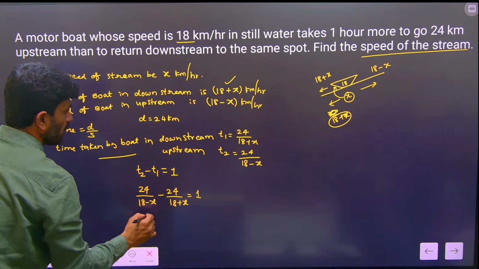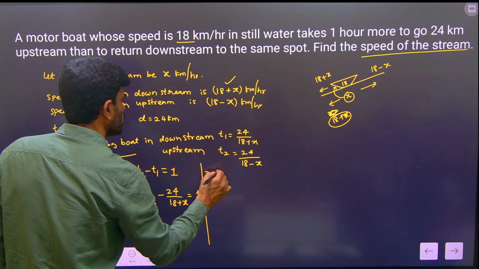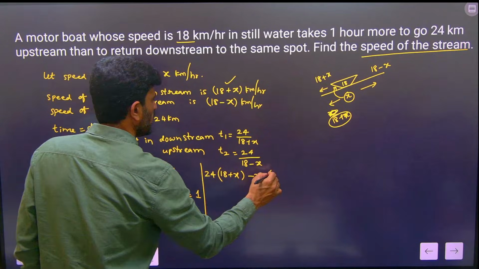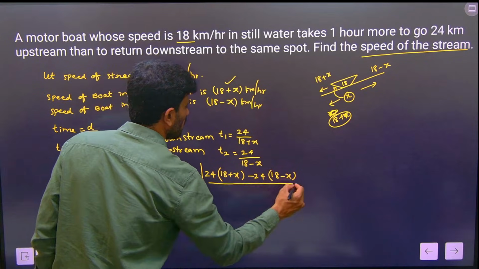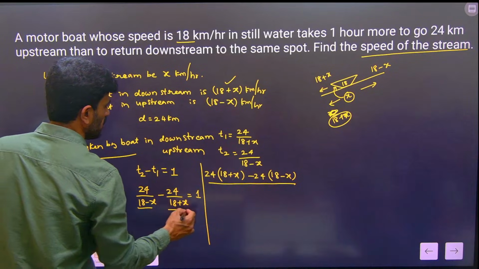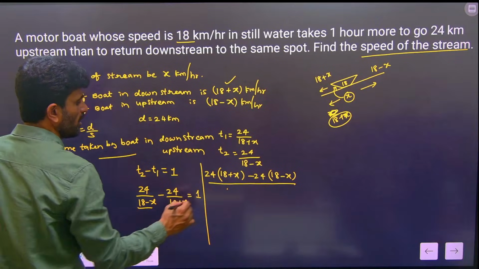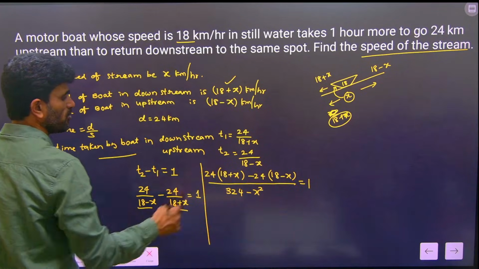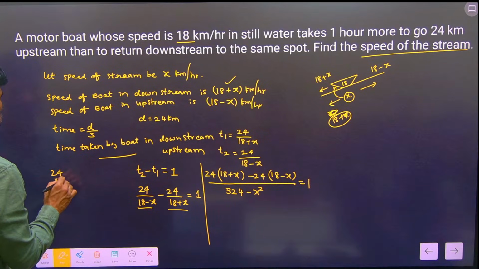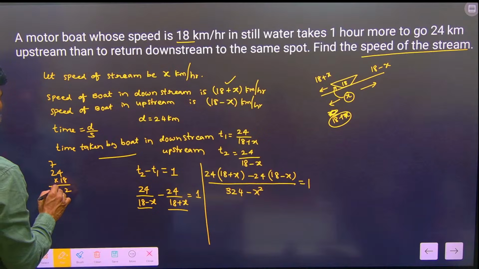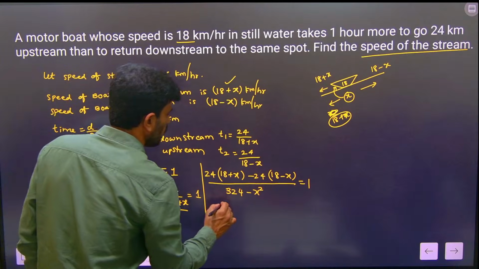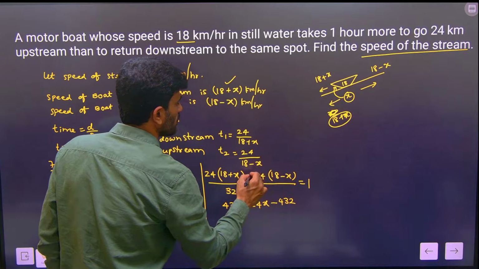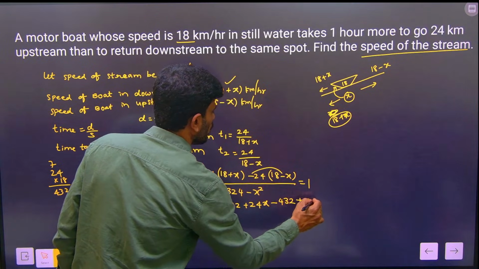After this, same as before. We take LCM: 24 into 18 plus x minus 24 into 18 minus x, divided by a square minus b square, because a plus b into a minus b is a square minus b square, which is 18 square, 324, minus x square, is equal to 1. Multiplying 24 into 18 gives 432. So 432 plus 24x minus 432, minus into minus is plus, plus 24x.